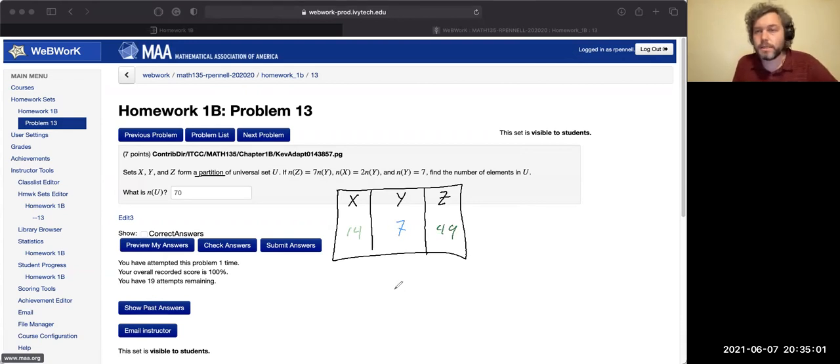So what does the universal set equal? The sum of those. And I have 70 there. So hopefully that makes some sense to you of how I could break down a problem like that. Even though these are given to me in relation to one another, I can still solve the problem by understanding what a partition is, and I can break it down into pieces, and then I can solve the final problem.